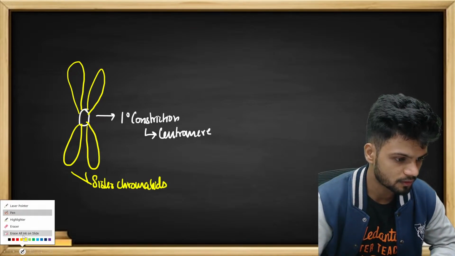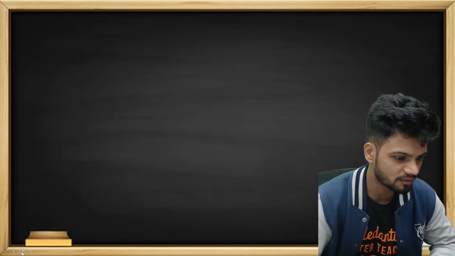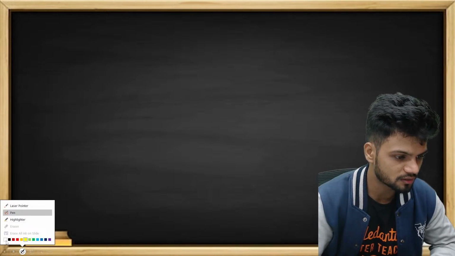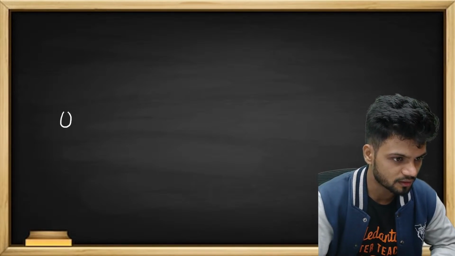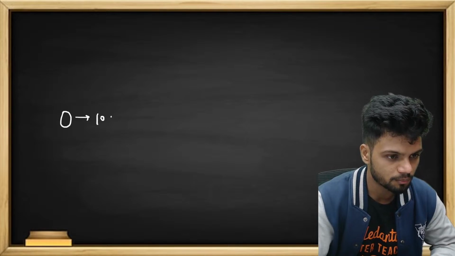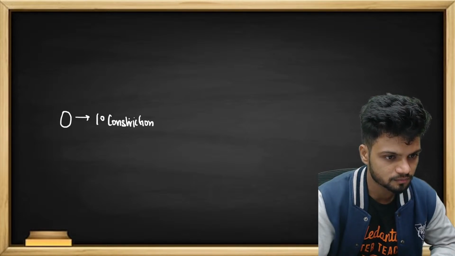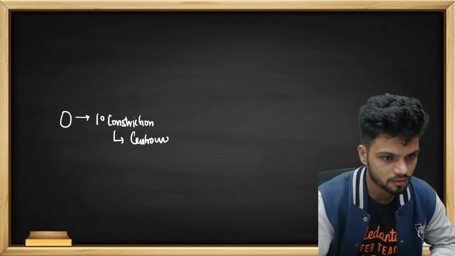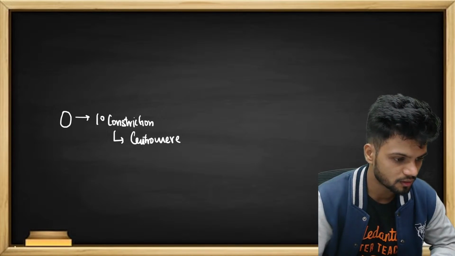Okay. Everything got erased. Oops. Gone. Let me draw it again. We have the primary constriction called a centromere. Right.